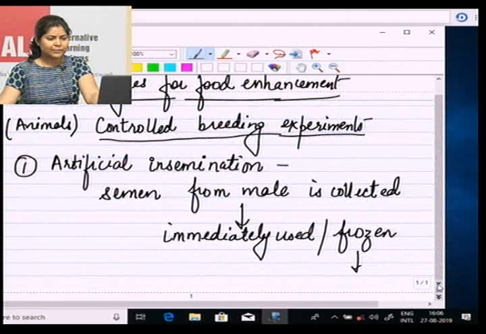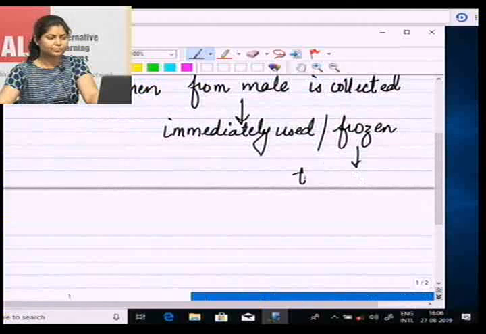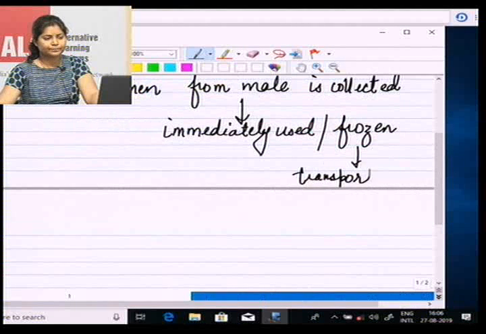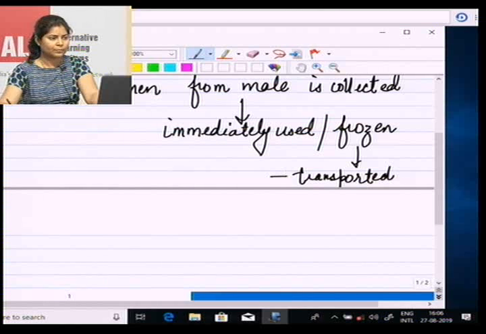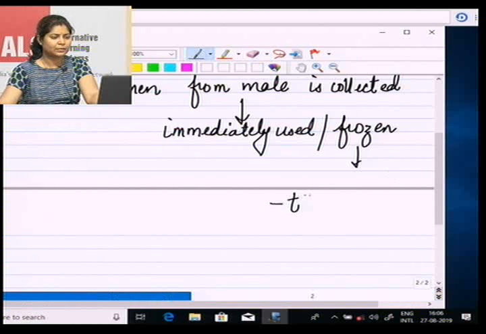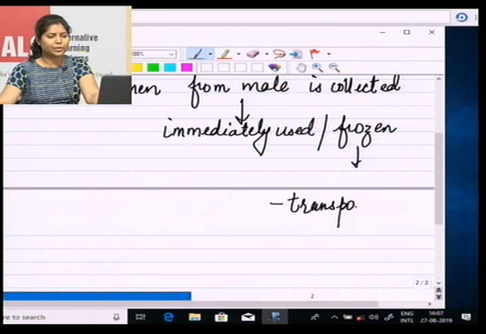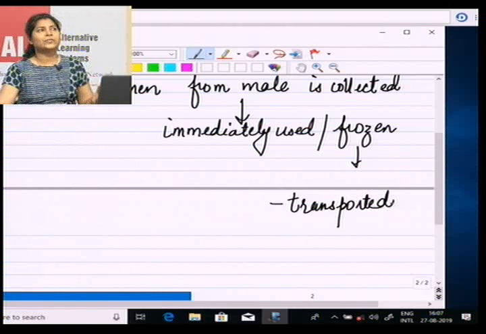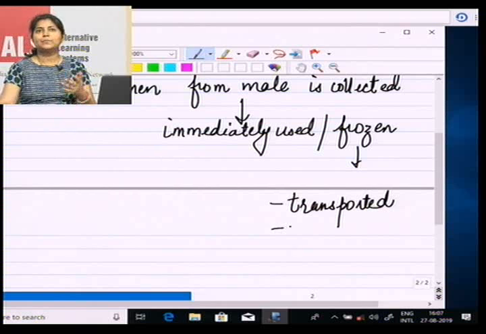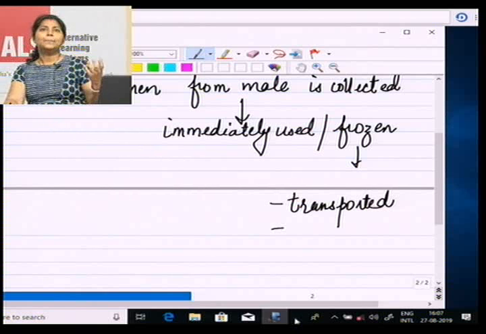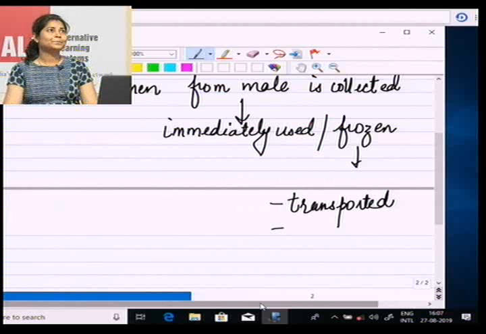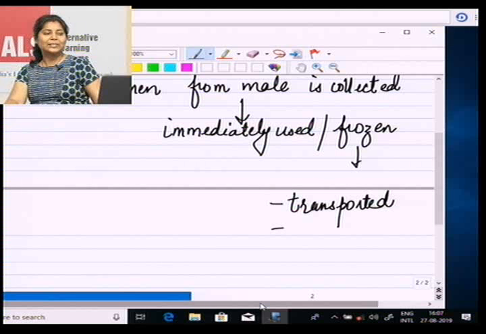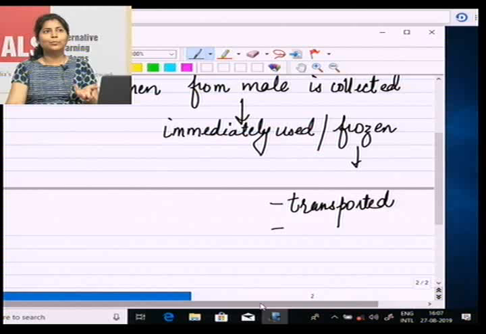If frozen, they are then transported to various locations. For example, if we need to transfer the semen from the male bull from Delhi to the northeast, it can be done very easily.